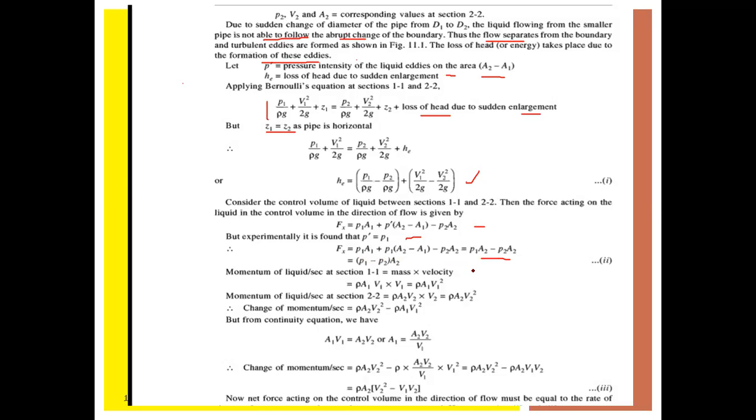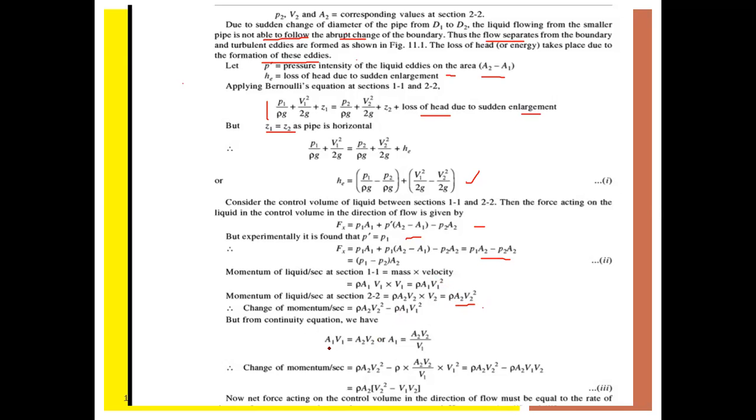Now, the momentum of the liquid at section 1-1 is given by mass into velocity. The mass is rho A1 V1, and into velocity V1 gives rho A1 V1 square. At the same time, for section 2, it is rho A2 V2 square. Therefore, the change in momentum is rho A2 V2 square minus rho A2 V1 V2.